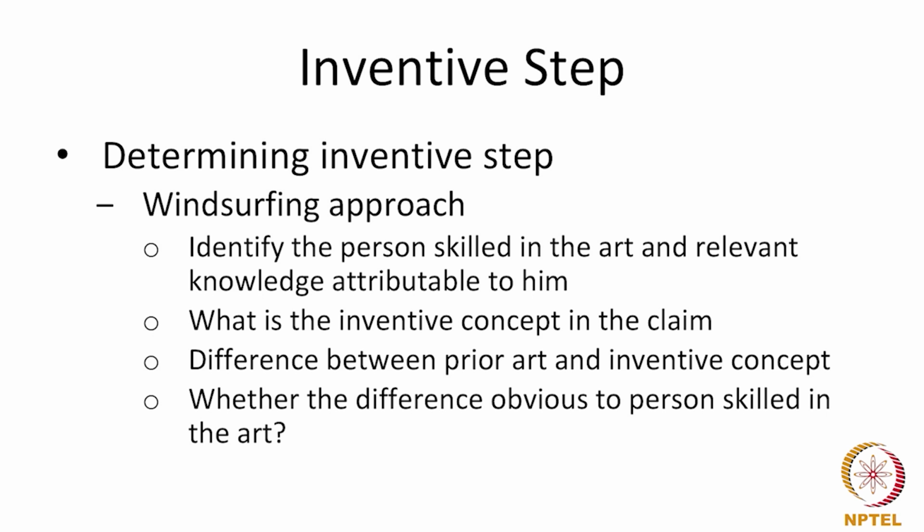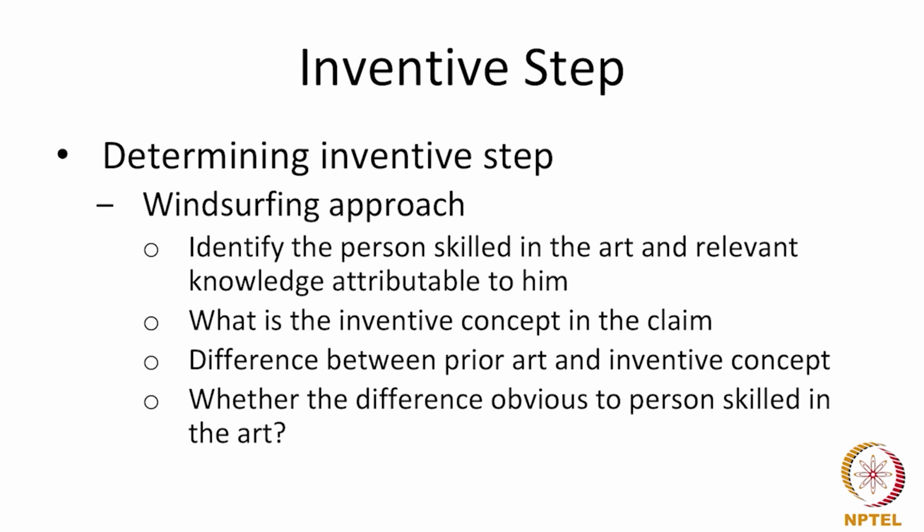In this case, because the person skilled in the art is already identified and the knowledge is attributed to him, we look at what forms the state of the art, because state of the art is determined through the person skilled in the art. We look at what forms the state of the art, or we identify the state of the art and see the difference between the state of the art and the claimed invention or the inventive concept.